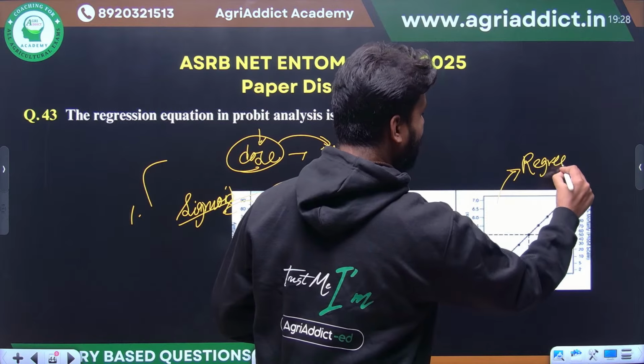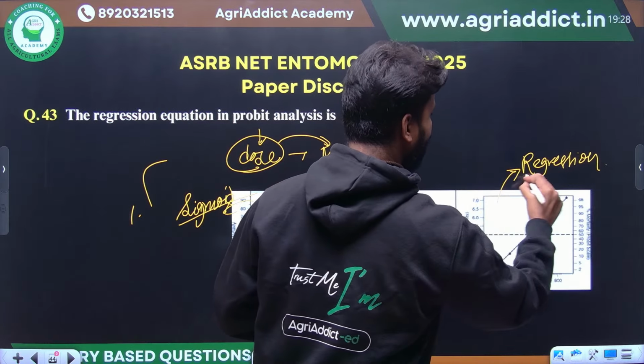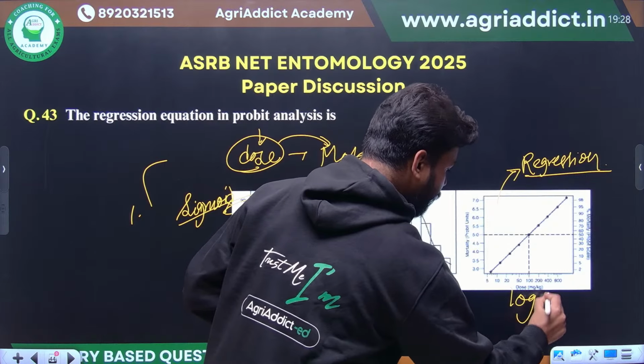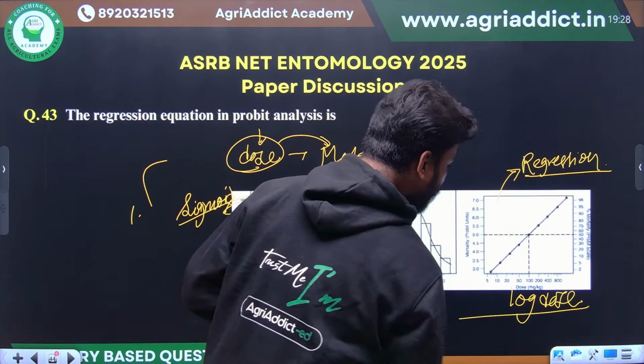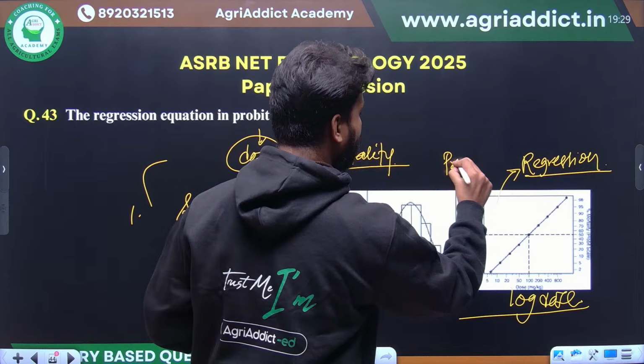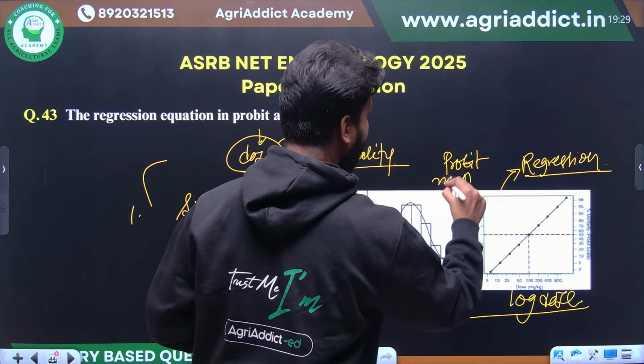But when we use the Probit function, the graph will be a regression equation. So here we change the dose to log dose and mortality to Probit mortality.